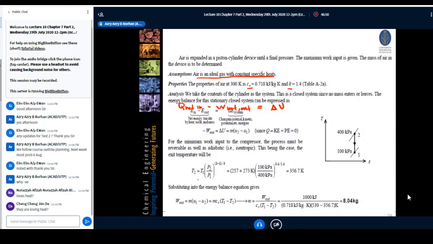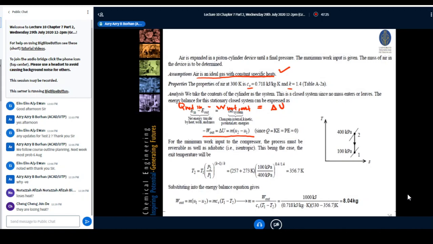Now, in order to solve the problem, you might be wondering which equation we have to use. Okay, because guys, from this expression, remember, minus W out is equivalent to M times delta U. Because we are using the constant specific heat method, you cannot solve this problem by taking the values of U1 and U2 from the table.